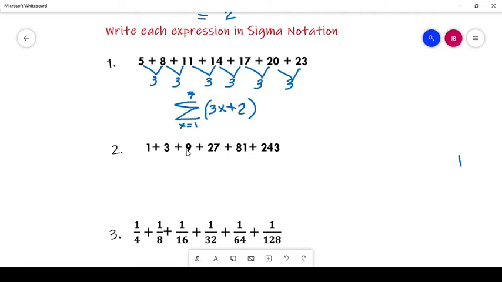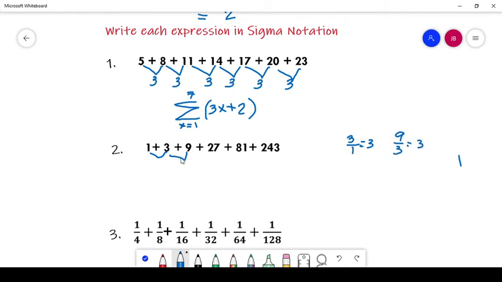If it's geometric, get the common ratio by dividing our second term, 3, by our first term, and that is 1. So that is 3. And then next we have 9 divided by 3, we have also 3. Then 27 divided by 9 is also 3. And then 81 divided by 27 is also 3. And then 243 divided by 81 is also 3.